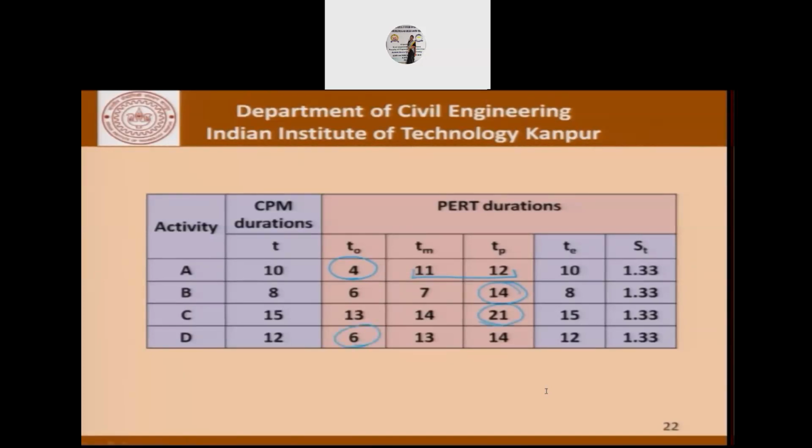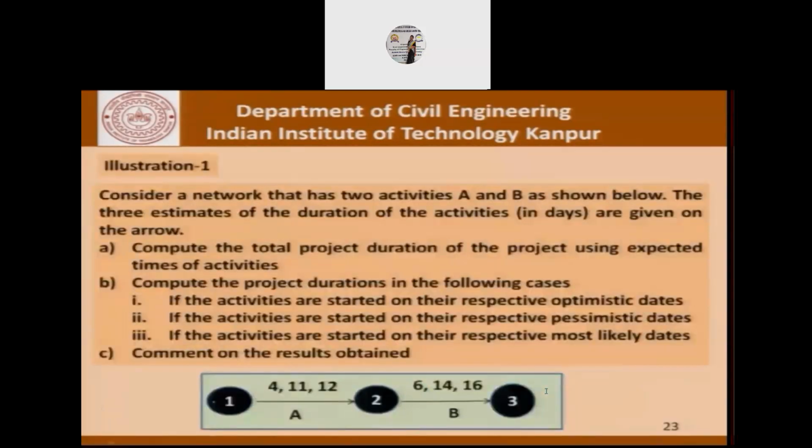So what we have tried to do through this arrangement of numbers is to convey to you that these activities are not normally distributed, and sometimes they are skewed to the left or they are skewed to the right. And we've already talked before that skewing to the left and skewing to the right has a different meaning when it comes to interpreting the time duration associated with an activity.